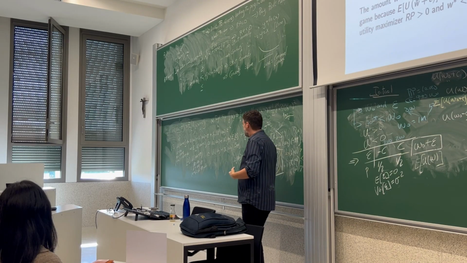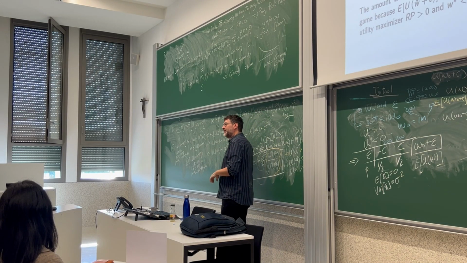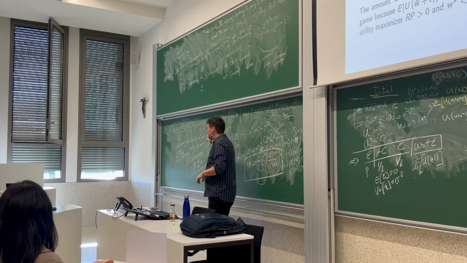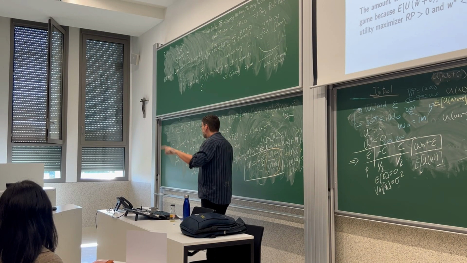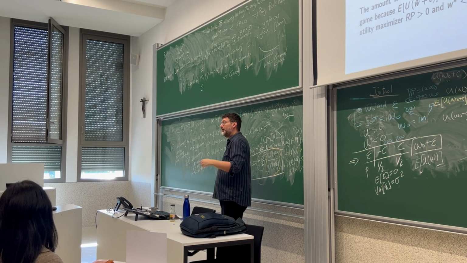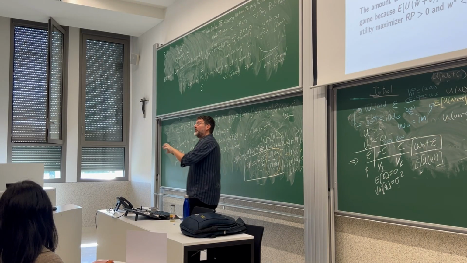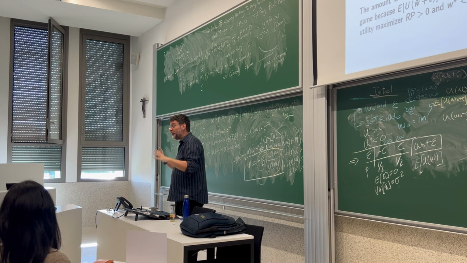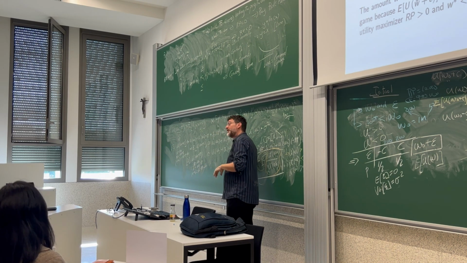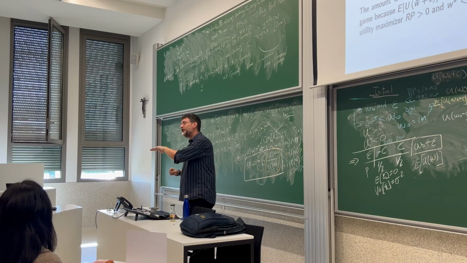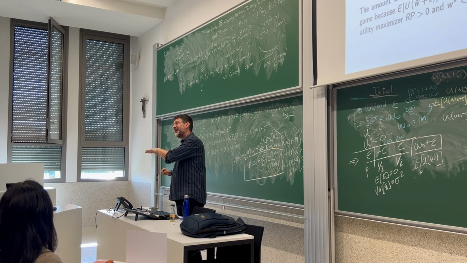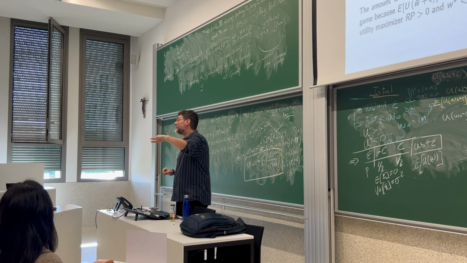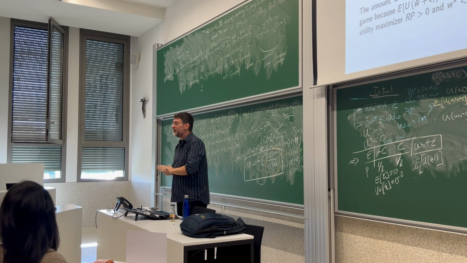So that's why I put a second order expansion for this term, but just a first order expansion for the risk premium. Because if I go to the second order, then I get a polynomial equation, and that makes things complicated. So because we want to solve for the risk premium, I go first order expansion. And when you use the first order expansion, we call it linearizing. I linearize the utility function. Okay?